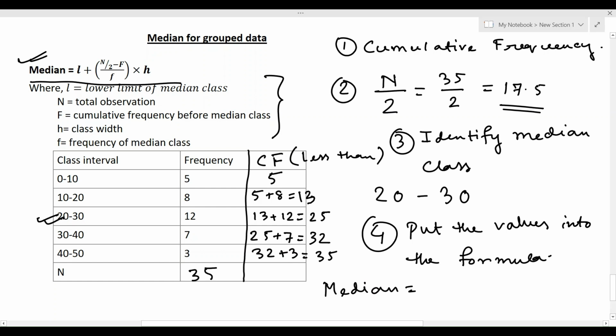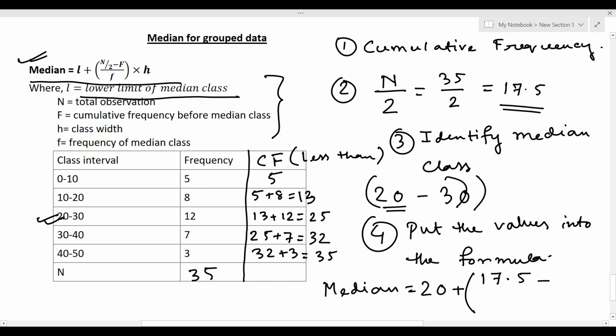What is L? L is the lower limit of the median class. What is the median class? This is the median class. Now what is the lower limit? That is 20. So 20 plus capital N by 2. Capital N by 2 is 17.5.